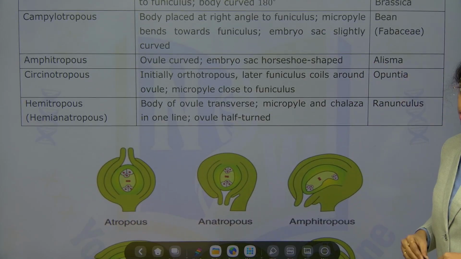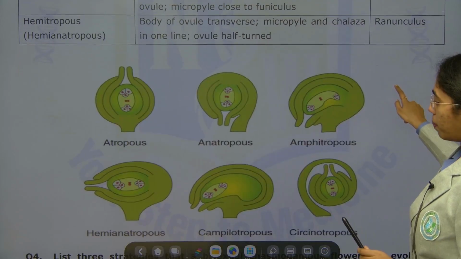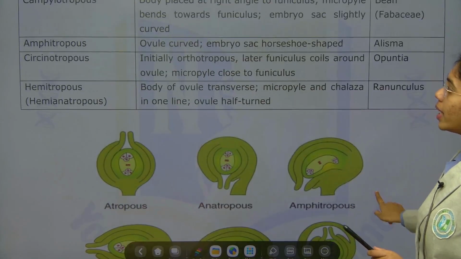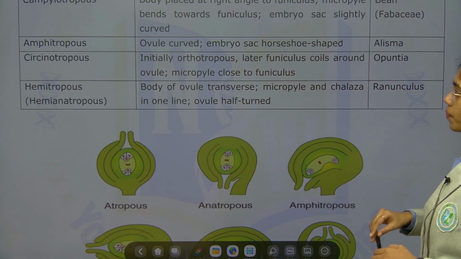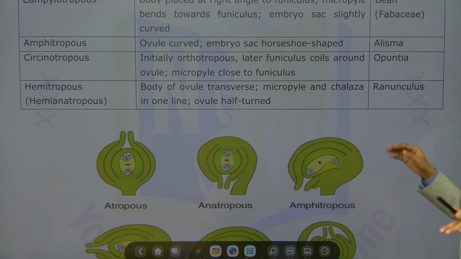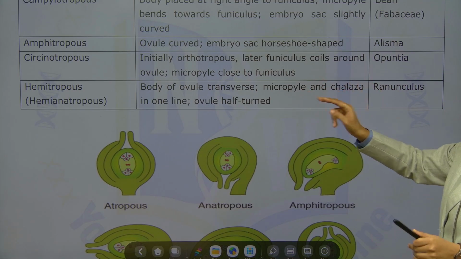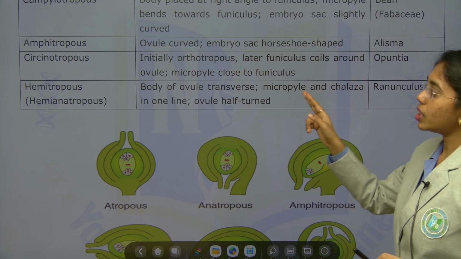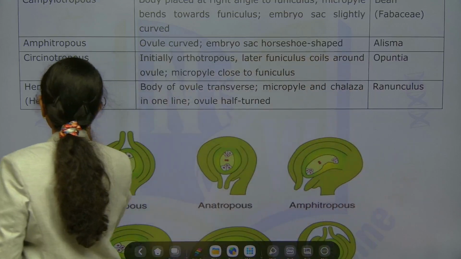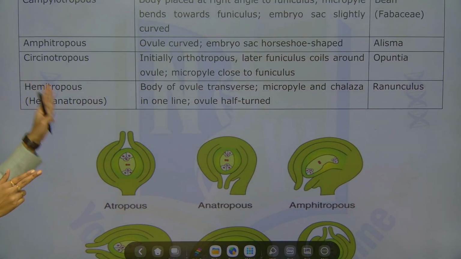The example of amphitropous is alisma. Next is circinotropous ovule, where the body of the ovule is completely revolved to 360 degrees. This is initially orthotropous; later the funicle coils around the ovule and the micropyle is close to the funicle. The best example I can give you is opuntia. Next is hemitropous, which you can also address as hemianatropous.